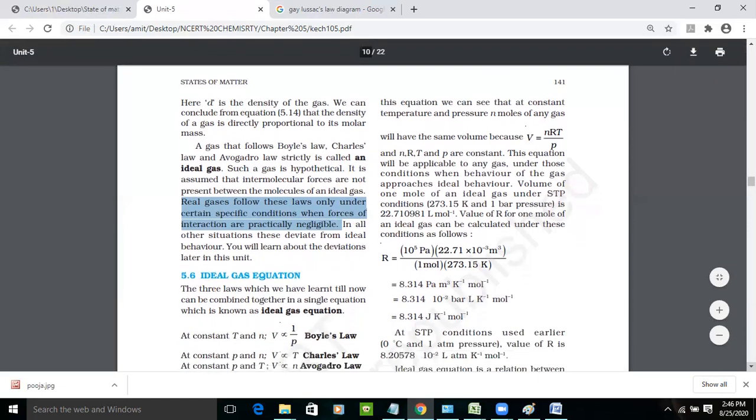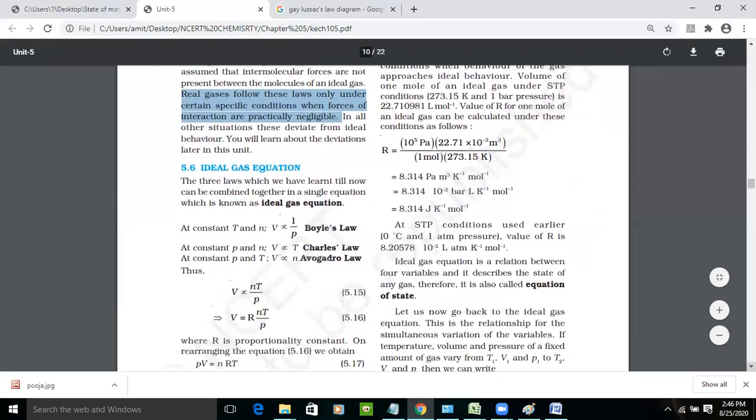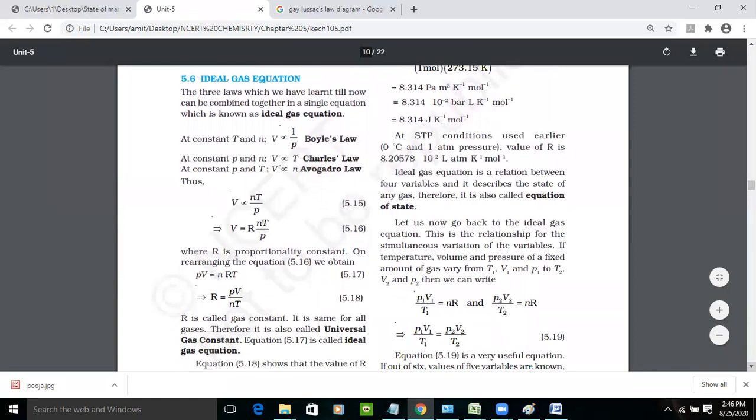So for these gases, a special type of equation was developed, which was formed by combining all three important laws which we have learned earlier. If you say that a gas which follows all three laws has ideal gas behavior, then the ideal gas equation was proposed by the scientists.